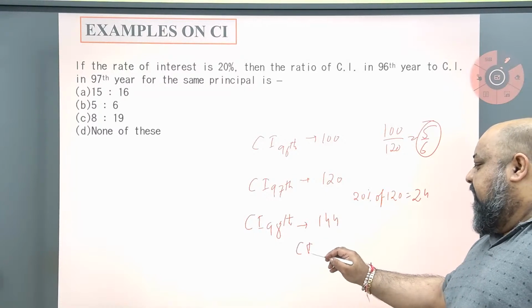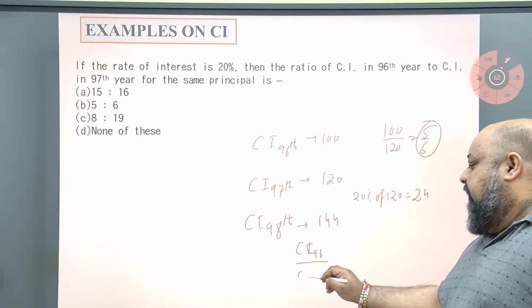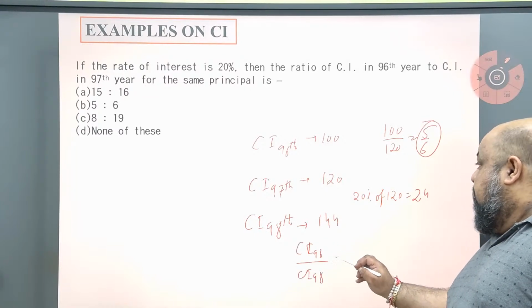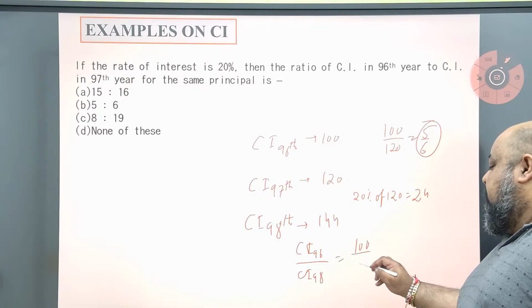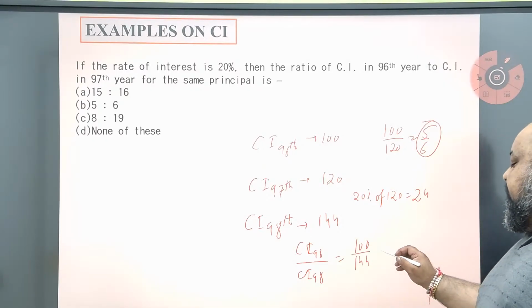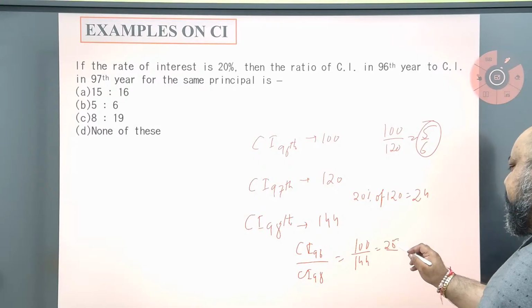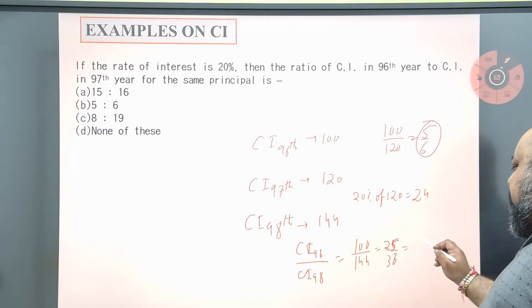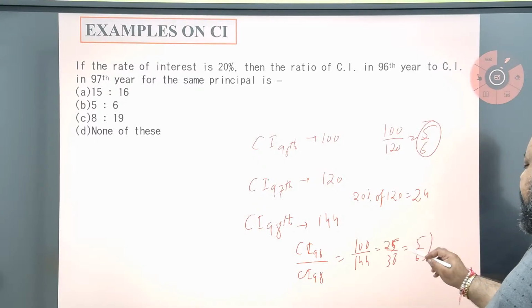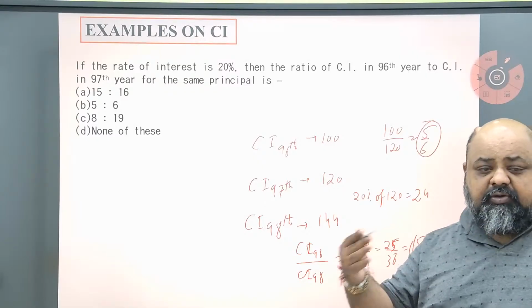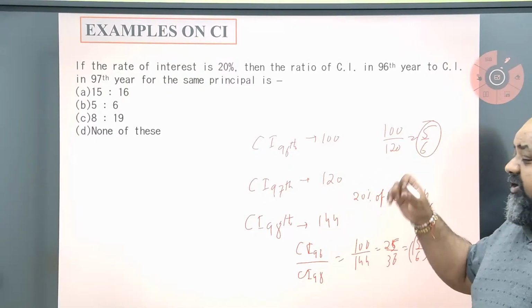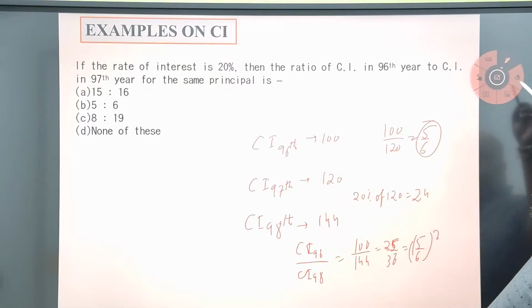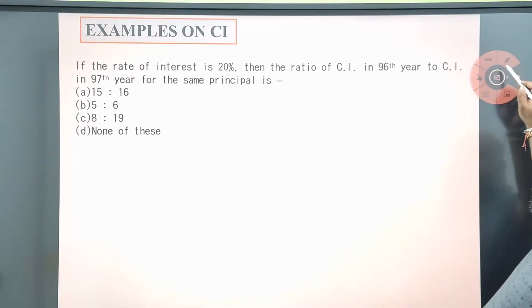So the ratio of the 96th year to the 98th year compound interest will be 100 upon 144, which, divided by 4, is 25 by 36, or 5 by 6 square. So every time you move on to the next ratio, the same multiplier will get multiplied depending upon the rate.